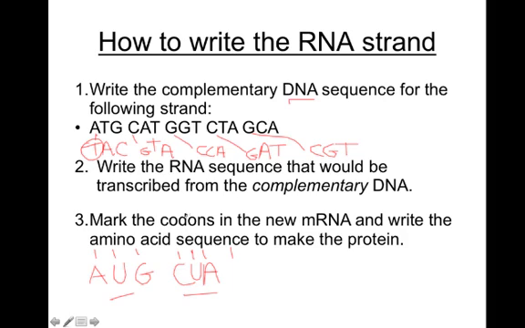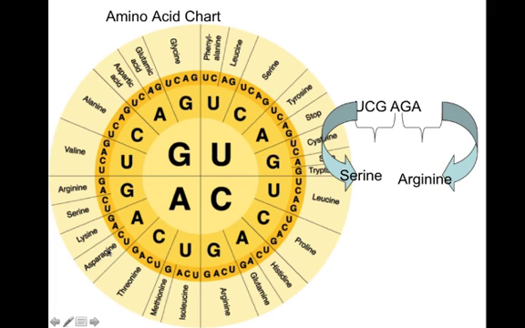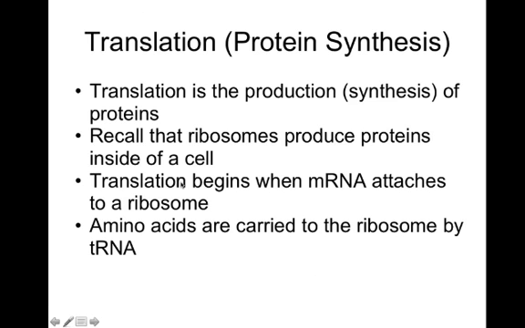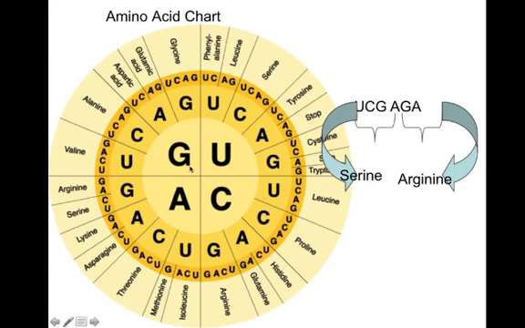Okay, so we're going to look up and see what the codon AUG stands for, which amino acid. So let's go to the chart, and we're looking for AUG. So sorry about that. So we start from the inside again, AUG. So this particular codon codes for methionine.